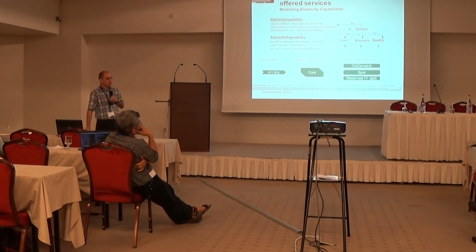The core concept here is the elasticity capability, and if you have the example, you have one tiny, then an elasticity capability could be cost. We view elasticity for any service as reconfiguration possibilities with respect to 3 main dimensions: cost, quality, and resources.